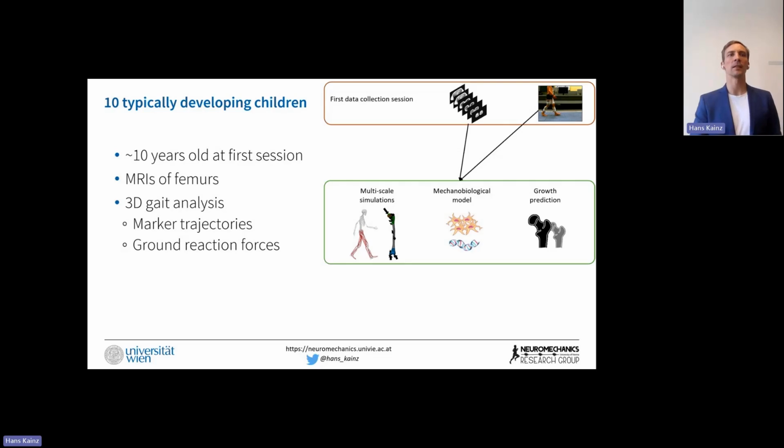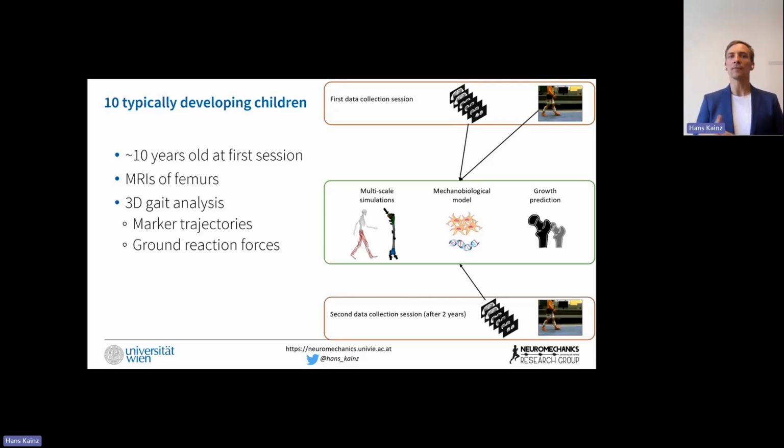On average, our participants were around 10 years old at the first data collection session. So we had the MRI images and the 3D gait data, so marker data and the ground reaction forces, which we could then use for our multi-scale modeling workflow to predict growth. We could then investigate if our growth predictions agree with the measured growth from our longitudinal medical images.